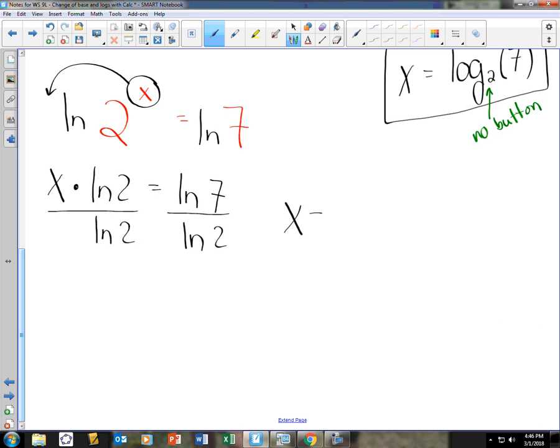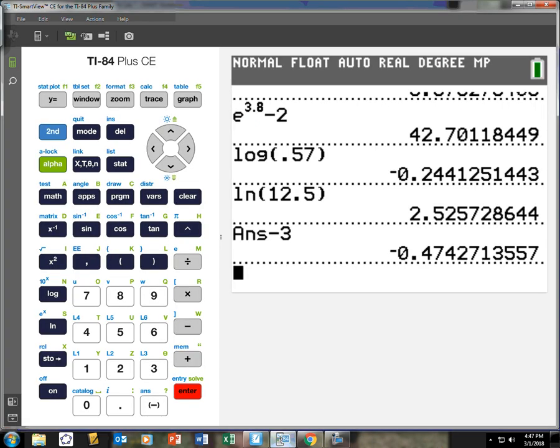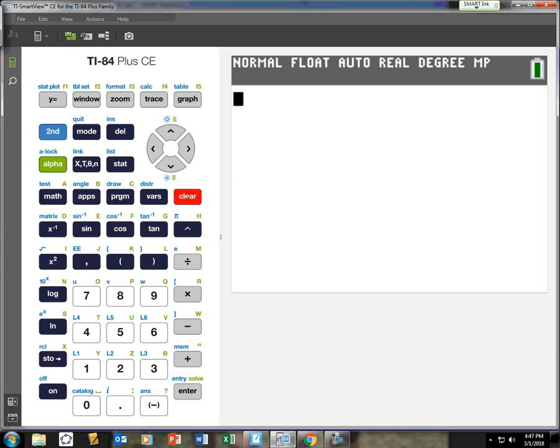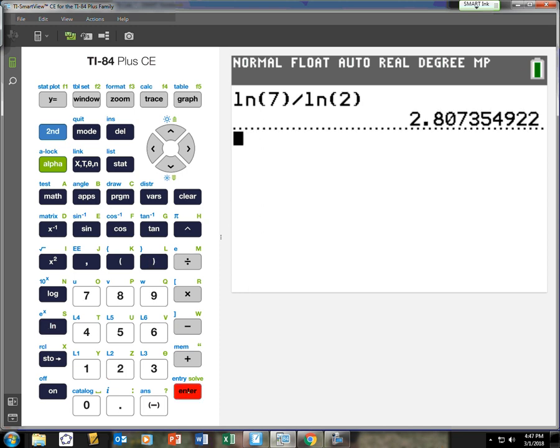Of course I can plug that into my calculator, with parentheses around each log, and I'm going to get 2.81. So x is approximately 2.81.